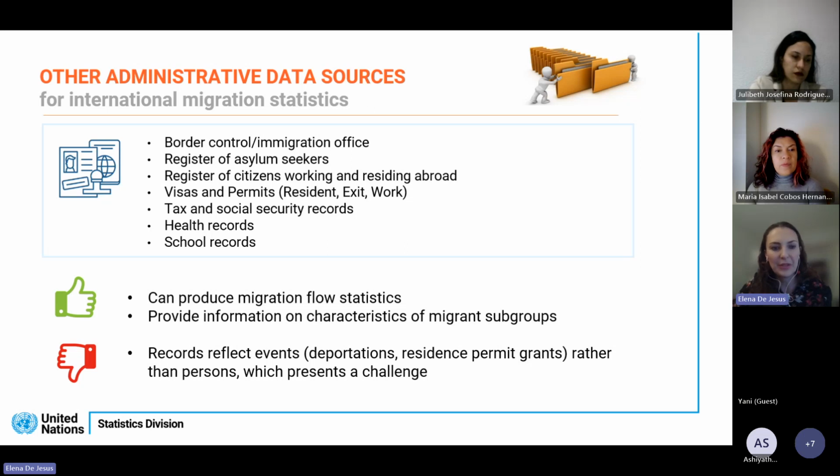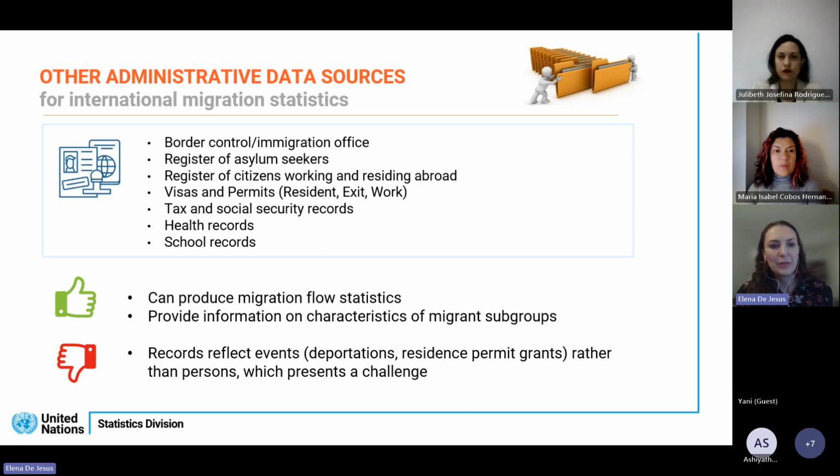And then in terms of other administrative data sources, that includes, of course, data produced by a range of ministries and agencies. So we have two entities here today with us. We'll hear more about the administrative data produced by the Ministry of Economic Development and Maldives Immigration.